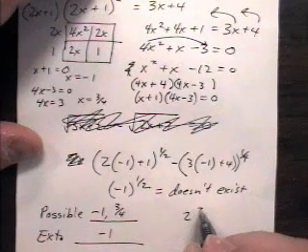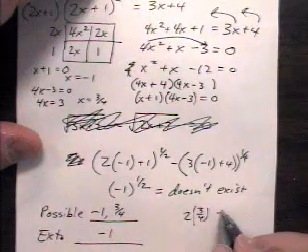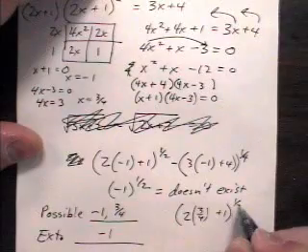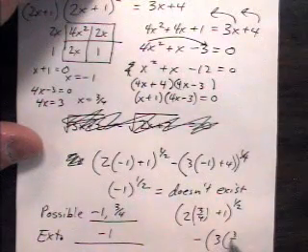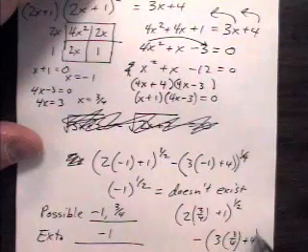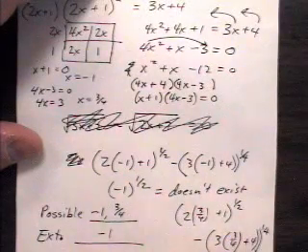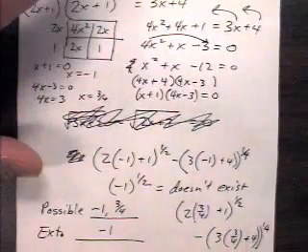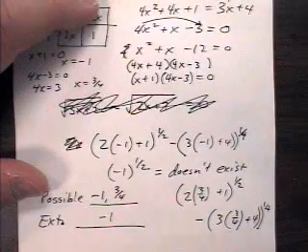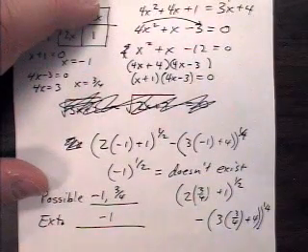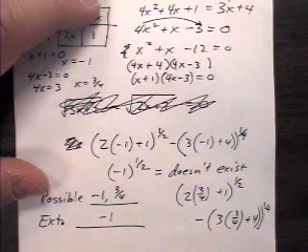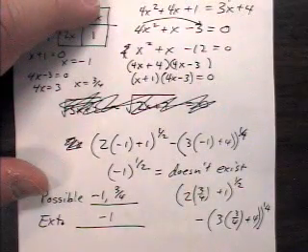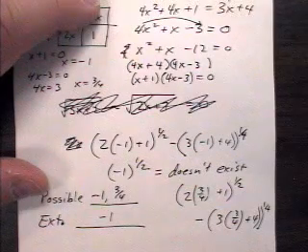So now let's try 2 times 3/4 plus 1 to the 1/2 minus 3 times 3/4 plus 4 to the 1/4. Gonna have to grab that calculator because this looks ugly. 2 times 3/4 plus 1. Take the square root of that.